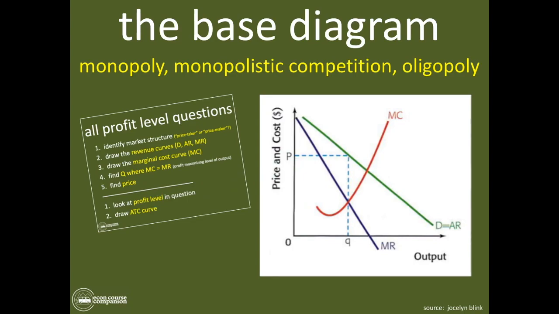Now, no matter what level of profit there is, whether it's abnormal profit or loss or normal profit, you're going to draw this same diagram. Let's just say we're making pizza, and our marginal revenue and our marginal costs collide here. And let's say that we're selling the pizza for $8 in the marketplace. Well, if my average costs are $5 per pizza, then my costs are going to bottom out right here on my marginal cost curve, and I'm going to make abnormal profits.